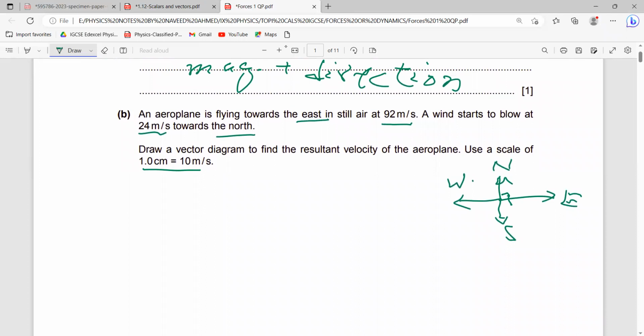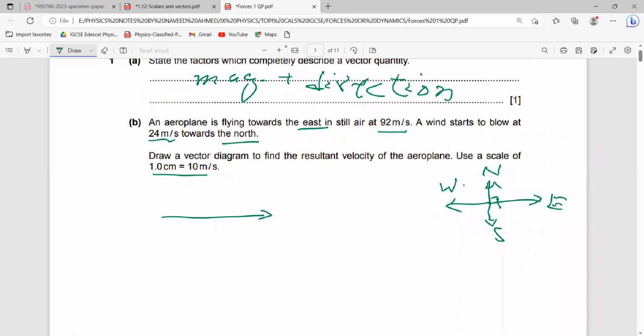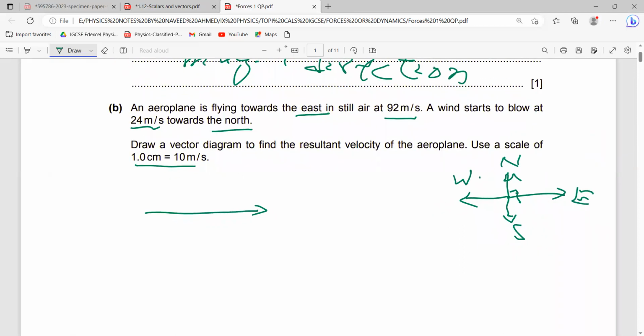As the aeroplane moves towards east with velocity 92 meters per second, and then moves to the north at an angle of 90 degrees, and now the velocity is 24 meters per second.